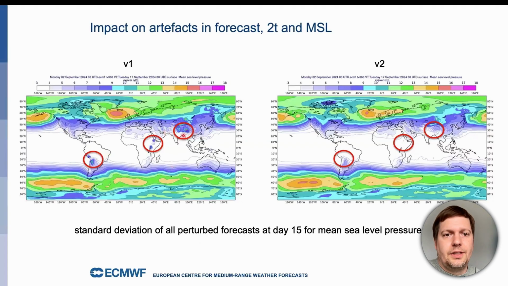You can see after 15 days that close to high orography, there can be ensemble members which produce very unrealistic, unphysical values. We could actually get rid of these in version 2. But it's a reminder that even when the large scale scores look nice, you really have to look into detail and at all the variables to check that you don't suffer from forecast artifacts.